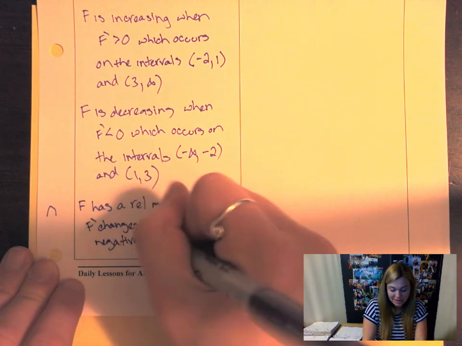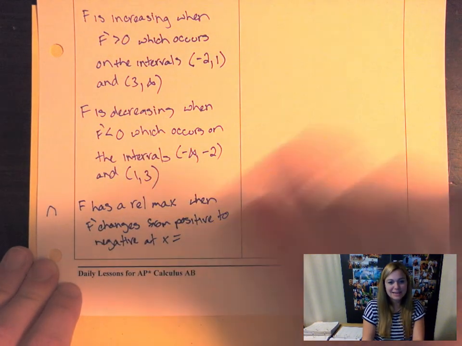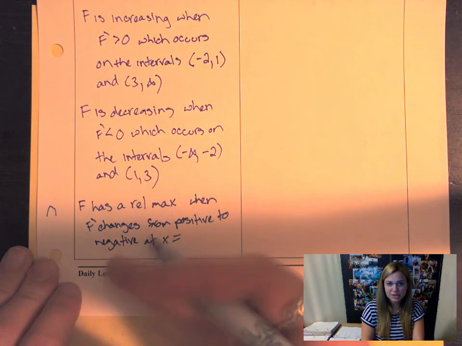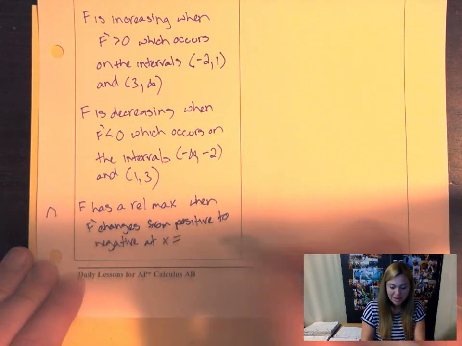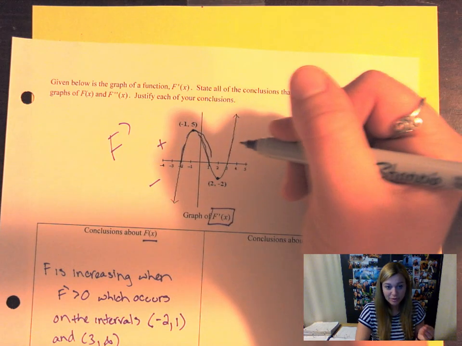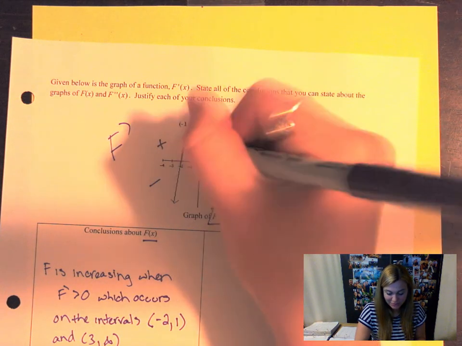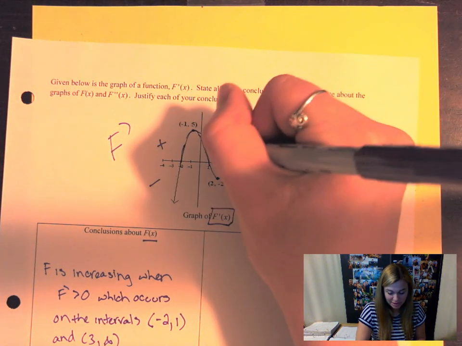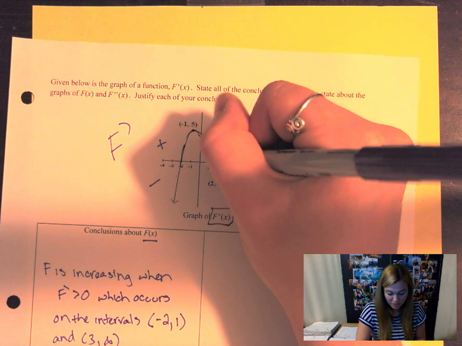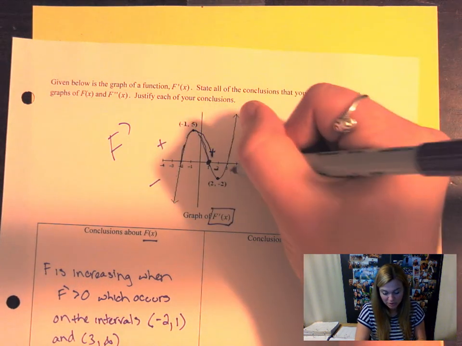And this occurs at x equals, and you can only say the x value because I actually don't know what the original function is to say the coordinates. Positive to negative, reading from left to right, is going to be right here at x equals 1. Negative to positive, at 3, would be a relative min, I'll come back to that.